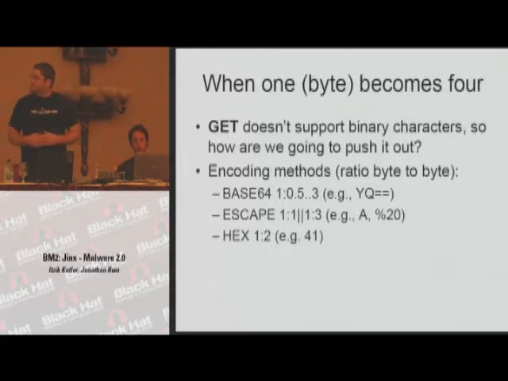You can see here an example of quite popular encoding methods. Base64 is used for email attachments, the escape function was written for URL binary purposes, and there is also just plain converting every character to hex. All these encoding methods can basically allow pushing binary data over the URL. Each has its own price.